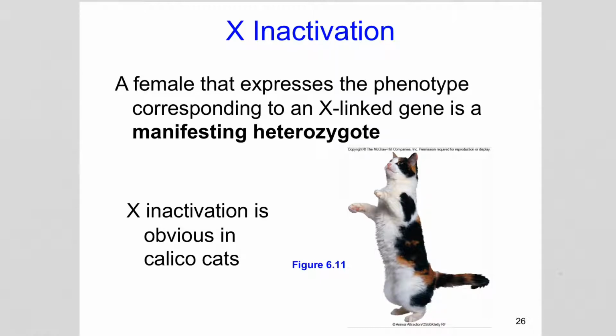But X inactivation is going to lead to the expression of one allele or the other. And so that's why we see all of these cells as a mosaic nature.